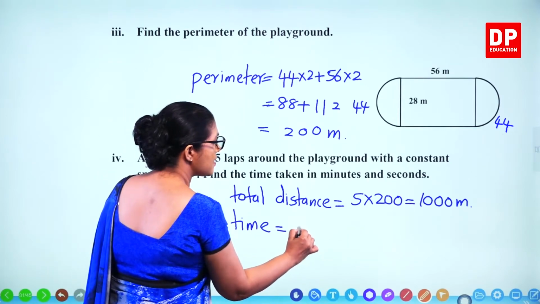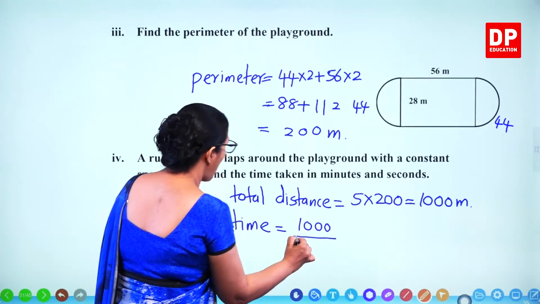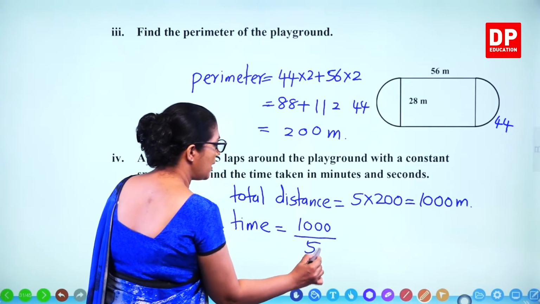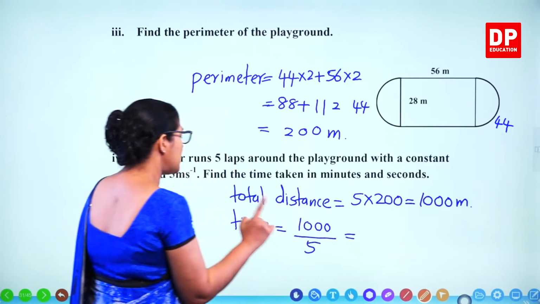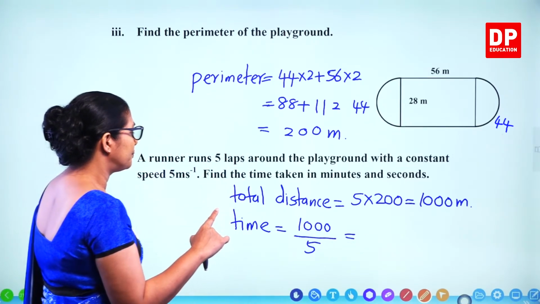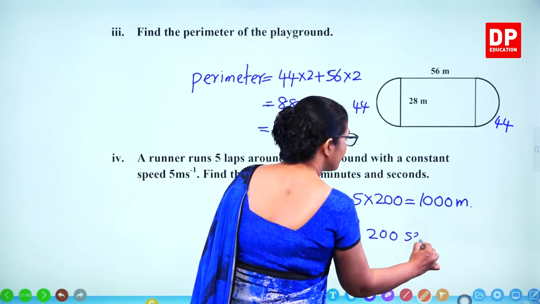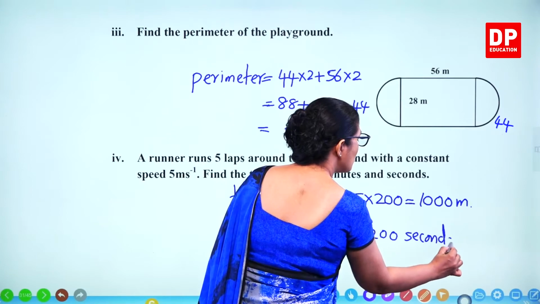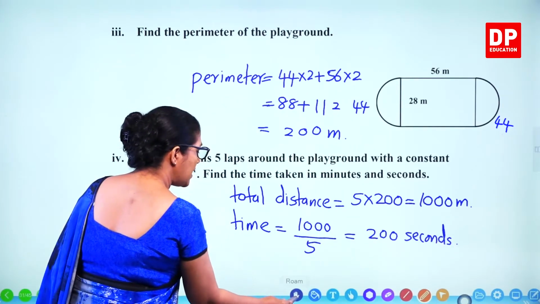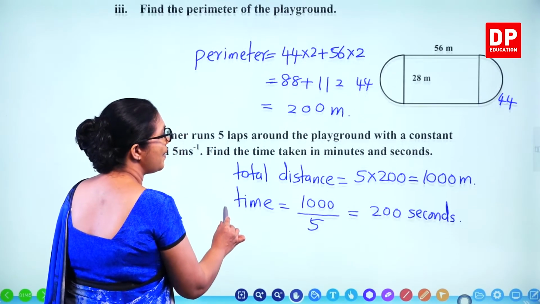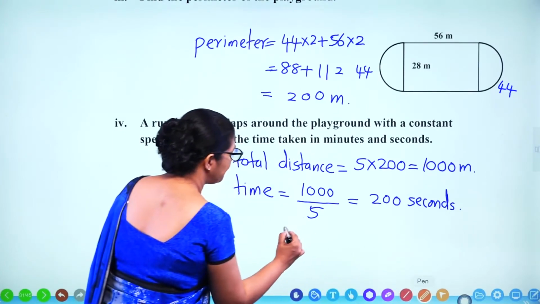Time is distance divided by speed. You are getting it in seconds now. 200 seconds. How do you convert to minutes? You have to divide by 60.